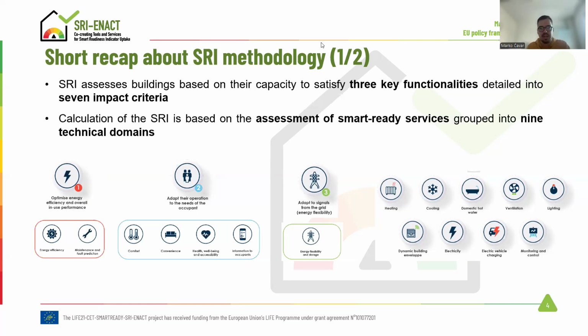Those three key functionalities are optimize energy efficiency and overall in-use performance, ability to adapt the operation of the buildings to the needs of the occupants, and to adapt to the signals from the grid in terms of energy flexibility. This calculation is based on assessing 9 technical domains.